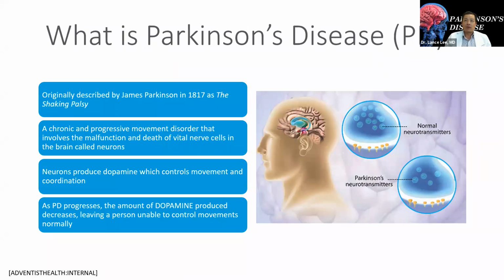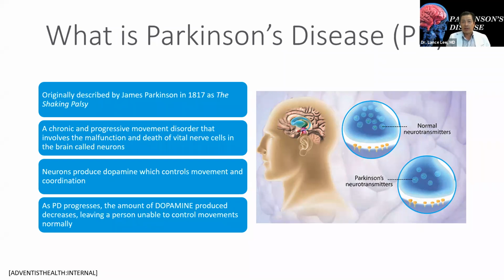I'm sure you've heard about Parkinson's disease. You probably have family members or yourself. Parkinson's disease is a very common disease. There's a little history of Parkinson's disease in the slide here, initially described in 1817 by Parkinson. Mainly it was a motor symptom disorder when it was originally described, but now we know there are more symptoms than just motor symptoms.